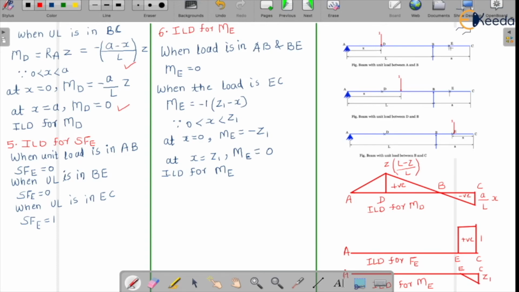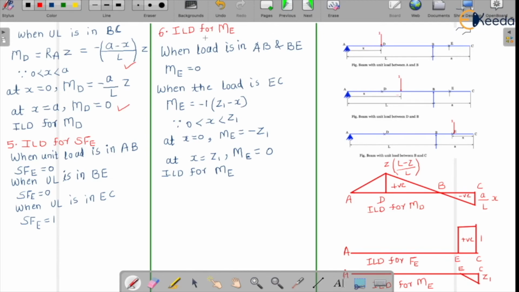And when the unit load is in portion DB, there will also not be any shear force at this point, because we are calculating shear force at E. When the unit load is in EC, definitely shear force will be there, and that will be simply 1 unit load. Because the load is not acting in the other parts, they will not contribute to any shear force.